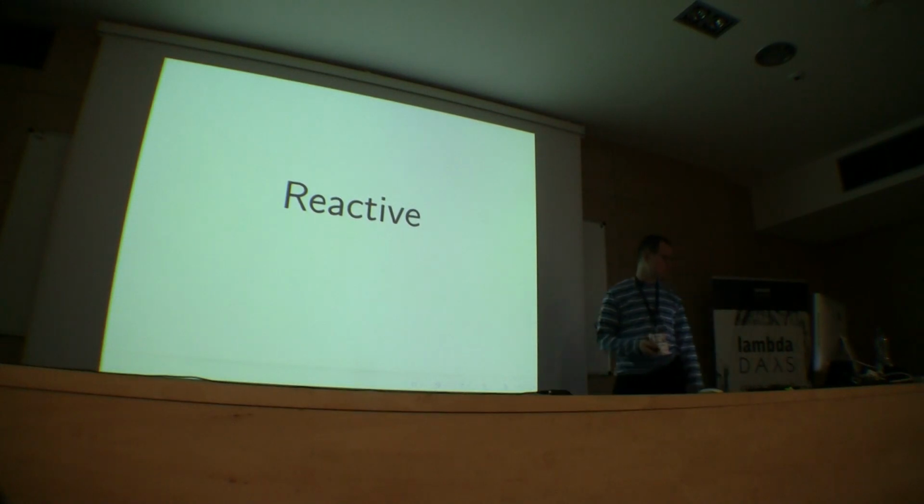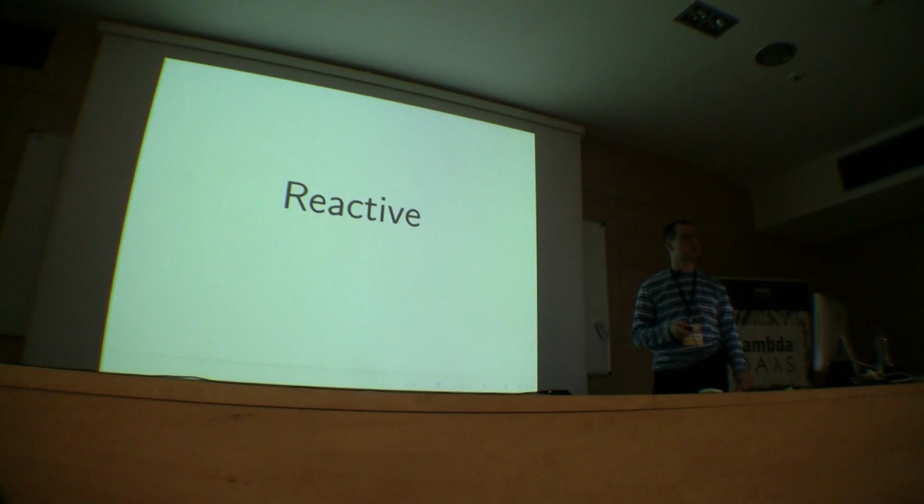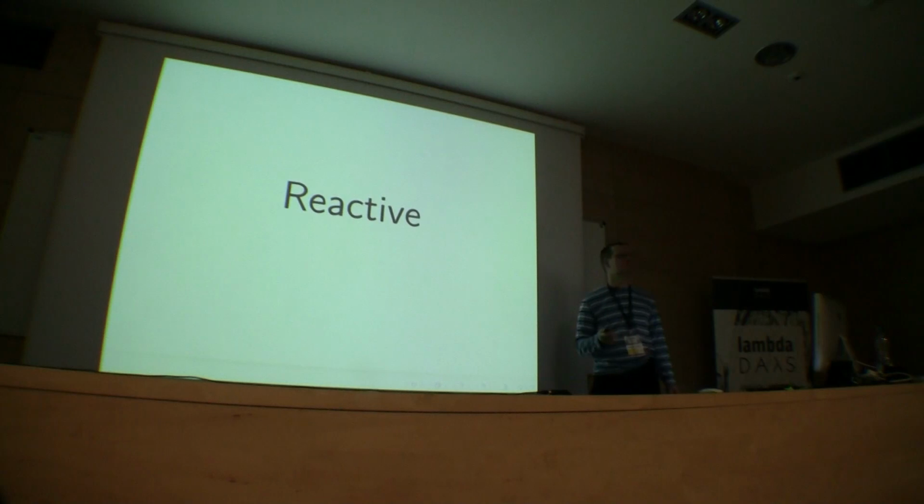All right, let's move to the reactive part, because our web page was static. Let's do something that will move. And when talking about the reactive part, I need to start talking about a notion of a signal, which is a very important notion in Elm. And informally, a signal is kind of like a value that changes through time.